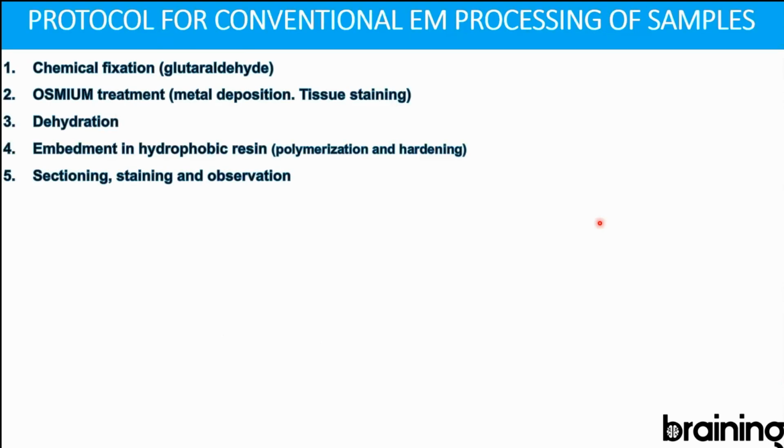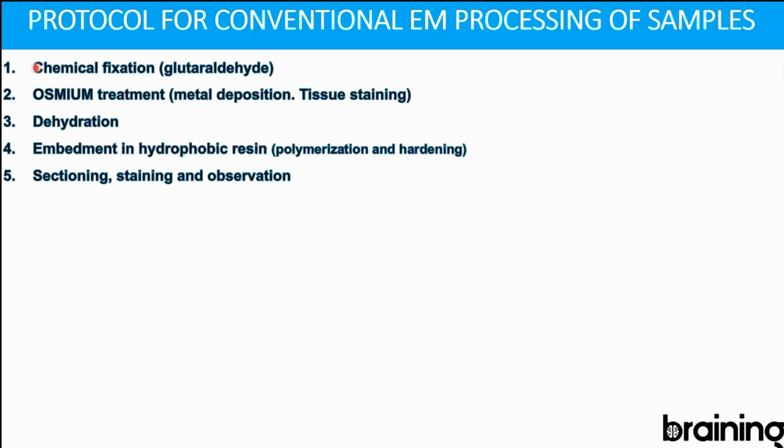So now we're going to go through the detailed protocol for the major technique, which is the conventional EM processing of any sample. I'm going to be focusing on neuroscience, like brain, retina, things like that. But this protocol can be applied to any kind of sample that you want to look at in the electron microscope.